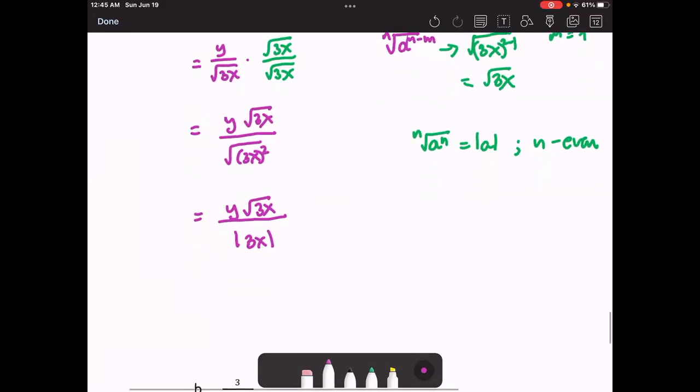In this case, we can simplify a little bit more, since the absolute value of 3x is the same as 3 times the absolute value of x. So here is the simplified form after rationalizing the denominator of example A.